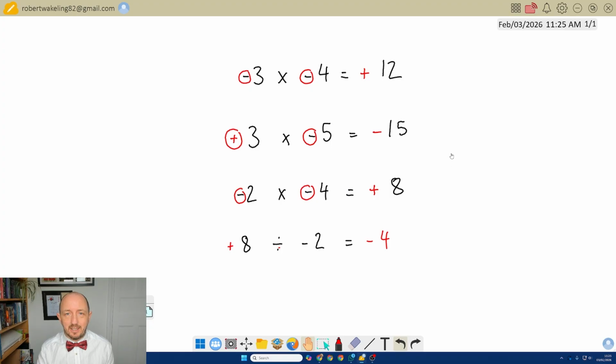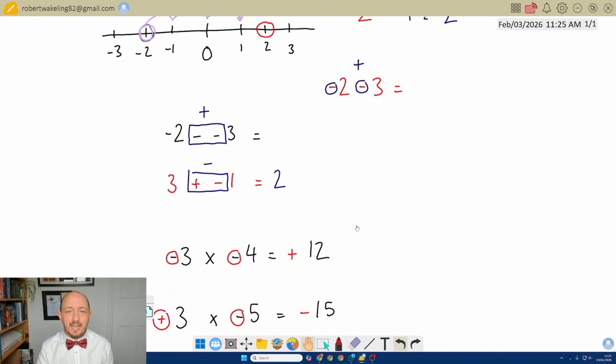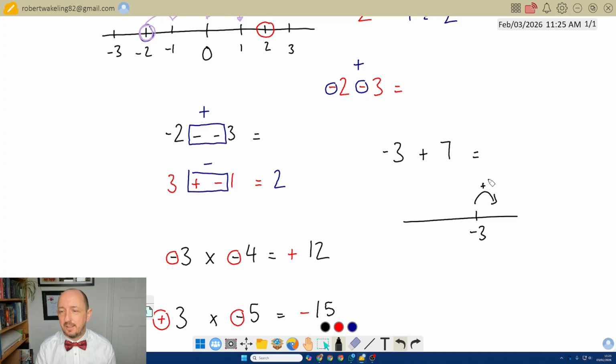Try not to apply that rule when you're doing adding and subtracting. Minus 3 plus 7 is not minus and a plus is a minus or anything like that. It's just simply start at minus 3 and go to the right 7 times. 1, 2, 3, 4, 5, 6, 7, and see where you end up. Okay? Give that a practice, and if you need any help, feel free to get in touch.